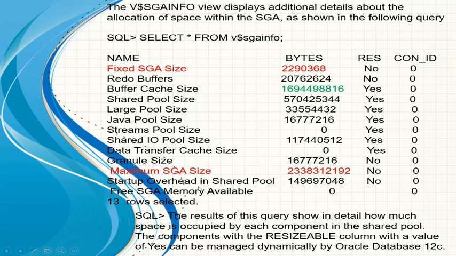The maximum SGA size is this, 2 GB. Startup overhead in shared pool, this is the value. Free SGA memory available, 0. So you have 16 rows selected.